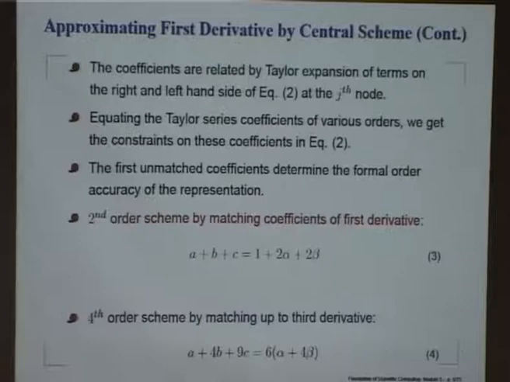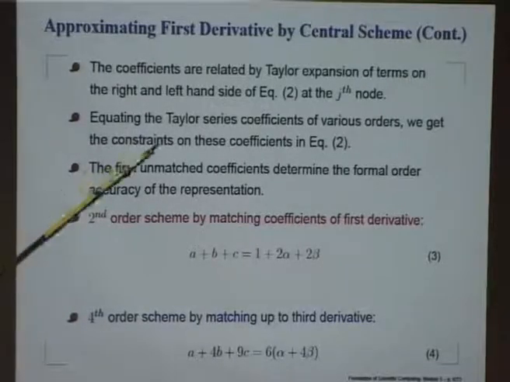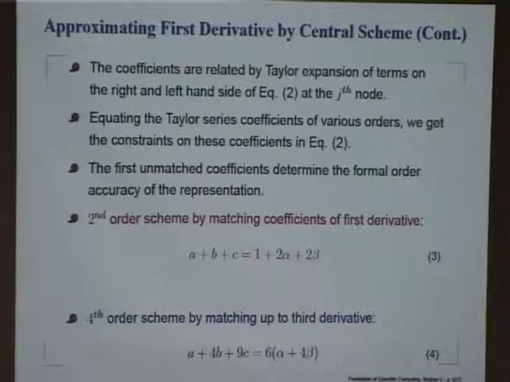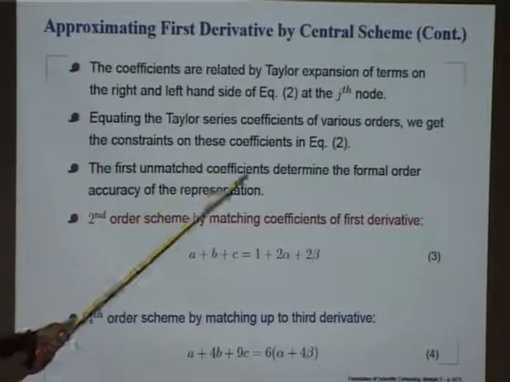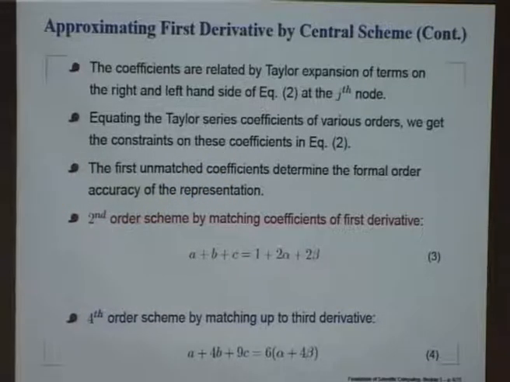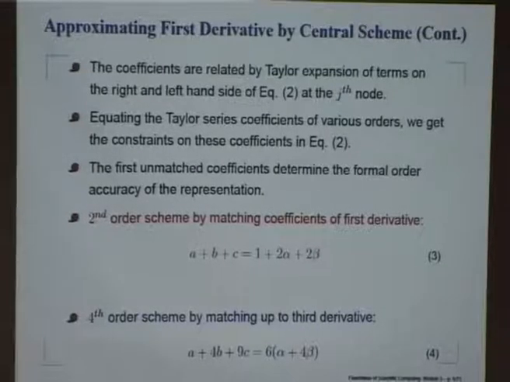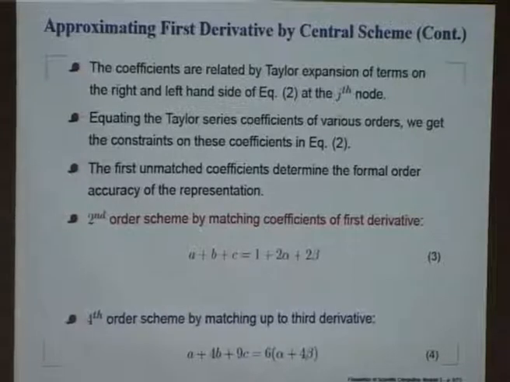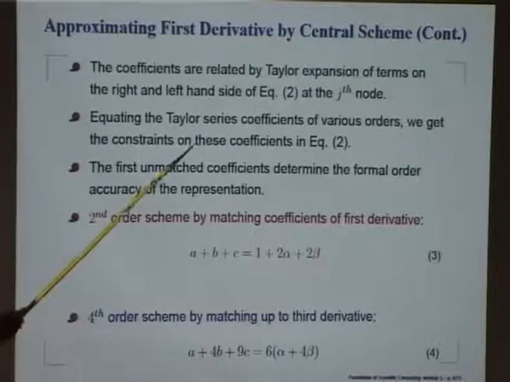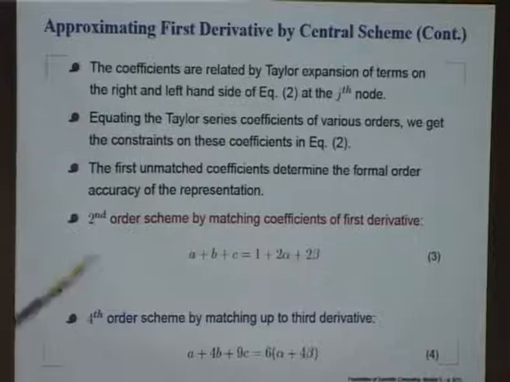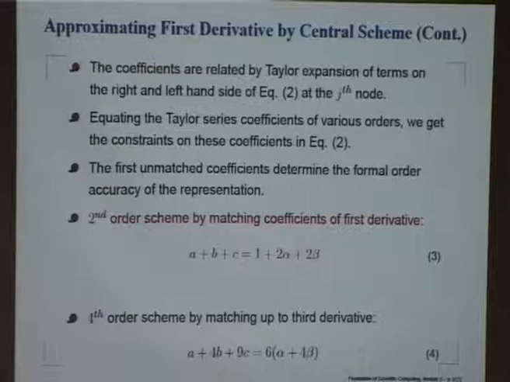And as I said, we have to relate those coefficients by Taylor series expansion. As we write this Taylor series expansion, we will have expressions of various orders on either side, and we try to match those coefficients, and then the first unmatched coefficient that remains determines the order of accuracy of the representation.